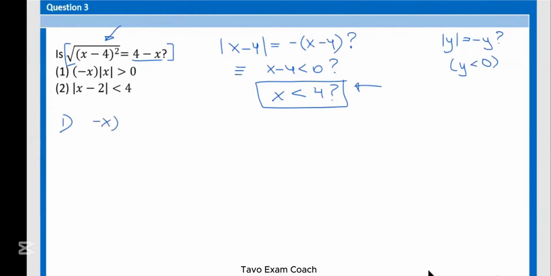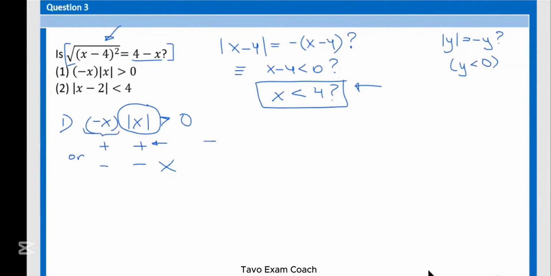If minus x multiplied by this factor, absolute value of x, is greater than 0, since you have a product greater than 0, then it follows that the two factors should be both positive or both negative, right? But you know that the absolute value of any expression is always a positive number. So we simply rule out this option here. Both cannot be negative. Because absolute value is always positive, it follows that the other factor, minus x, should be also positive.